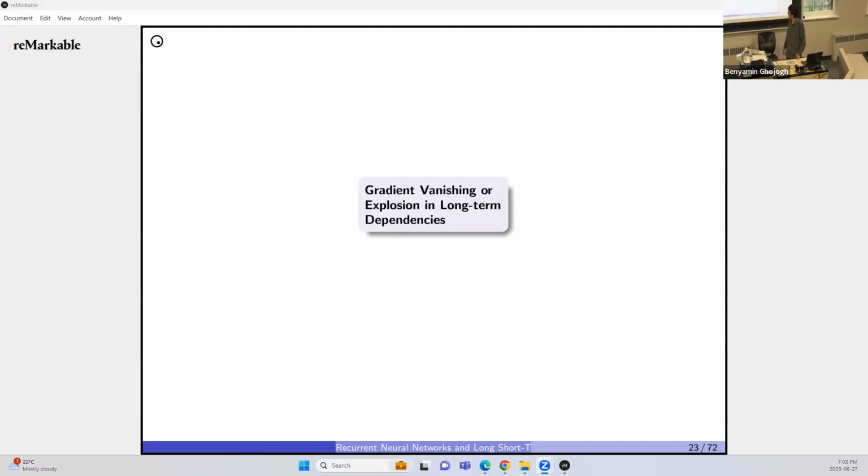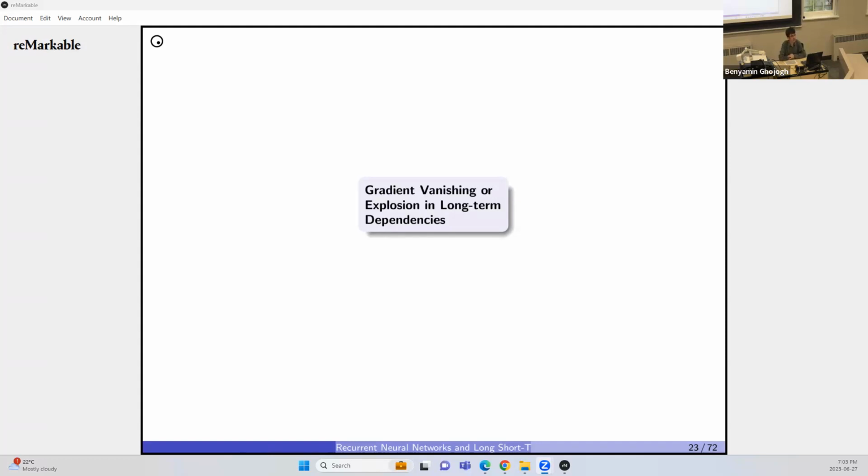So we continue where we had left off. We were talking about RNN and LSTM. We talked about gradient vanishing or explosion in long-term dependencies.